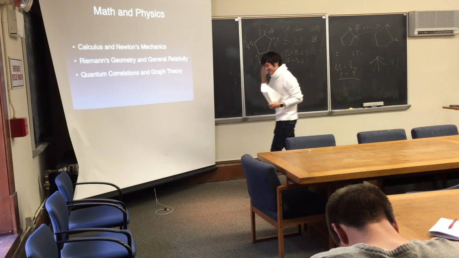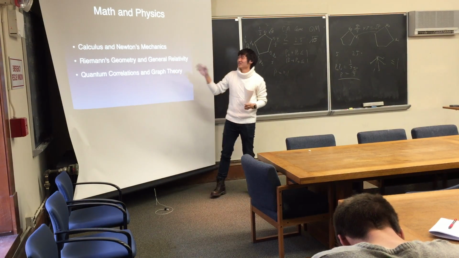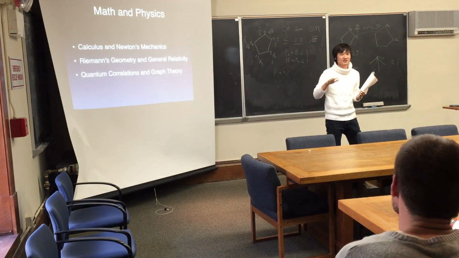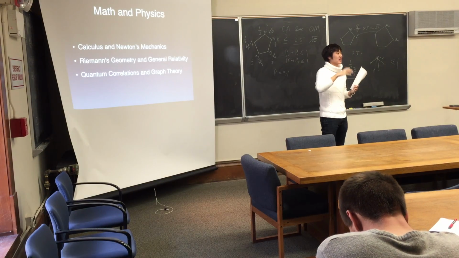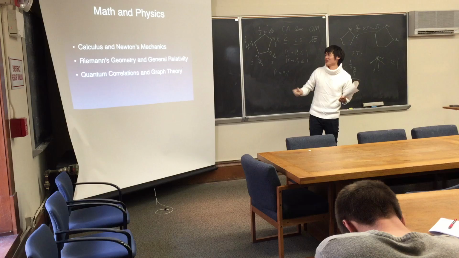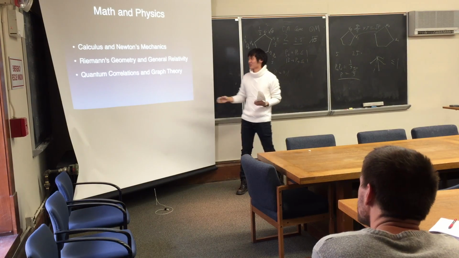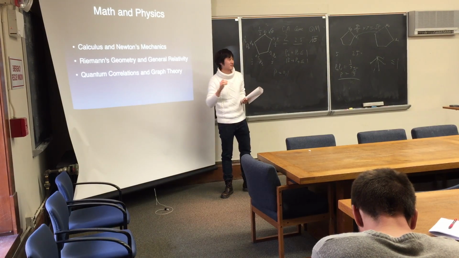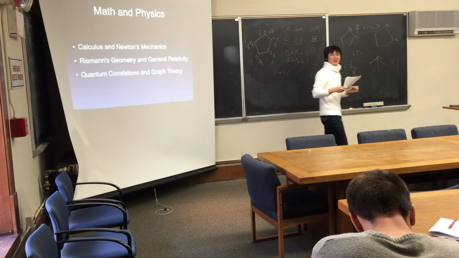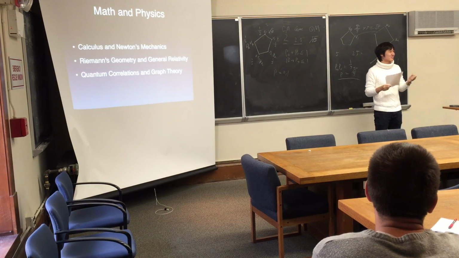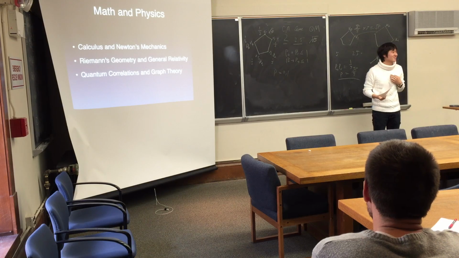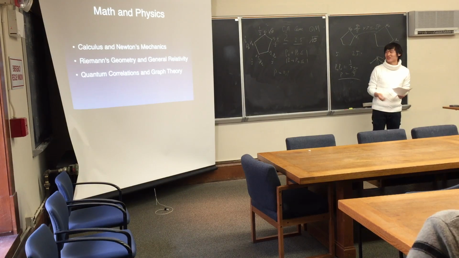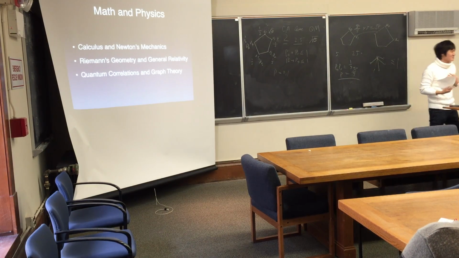You think about how Newton came up with calculus, and how Riemann geometry is the operating system, and general relativity is the application for that operating system. The same story happened here. Graph theory is the operating system, and quantum correlation is the application. I talked to Professor Schmidt before, and he said I have a taste for math, and I was shocked. I didn't understand that at that point, but now I realize it might be true.